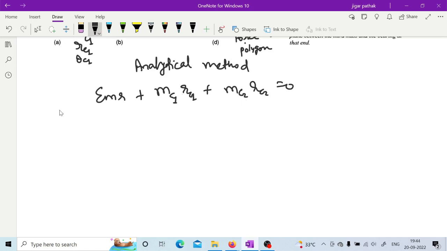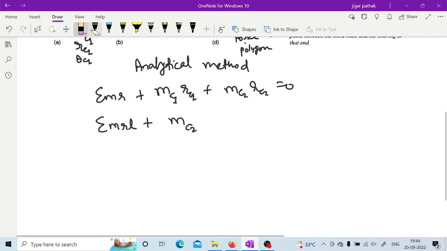Similarly for the moment also, we will have sigma mrl plus MC2 RC2 LC2 equals to 0.